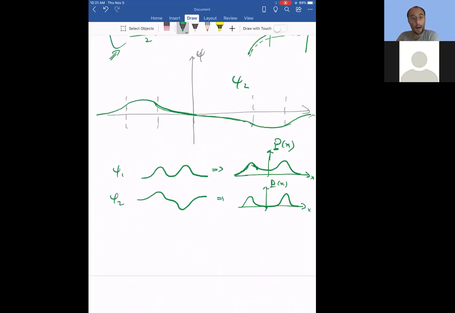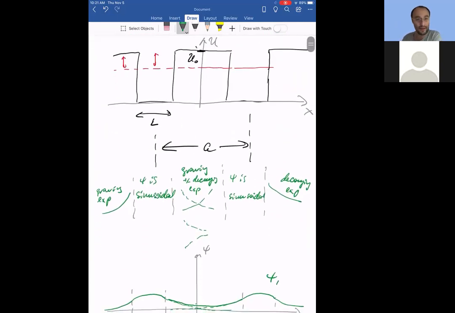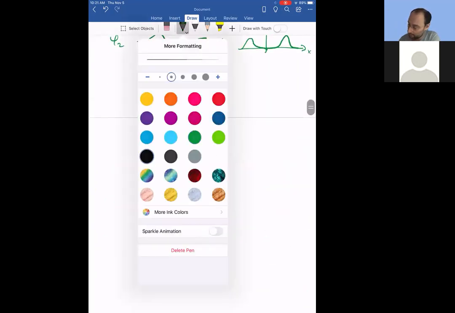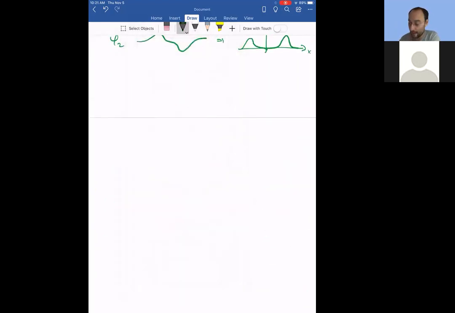I want to remind you that the wells are really a model. You can probably build a system out of capacitors that looks like a pair of wells, but it's really a model. So this is a model for, for example, two atoms.